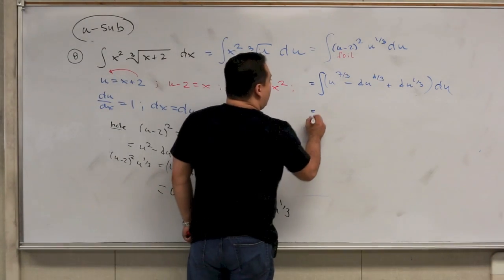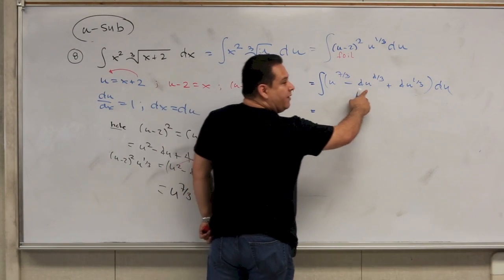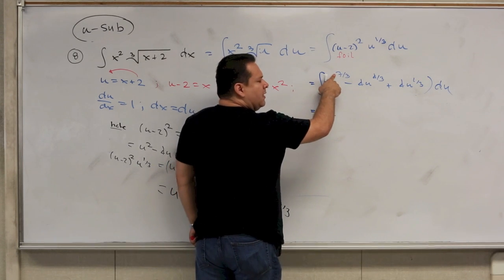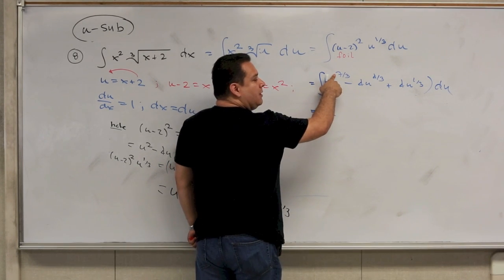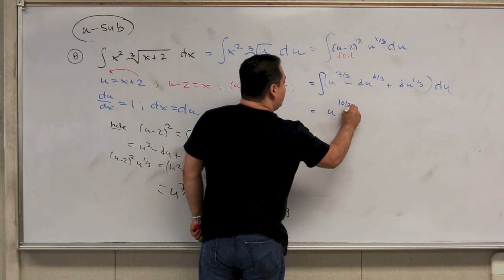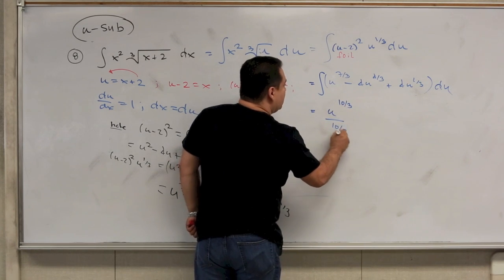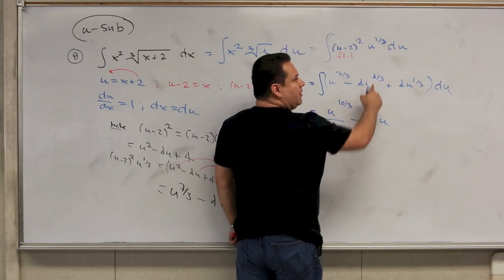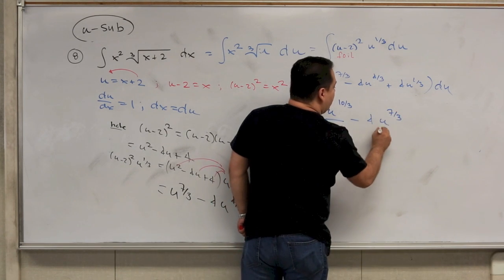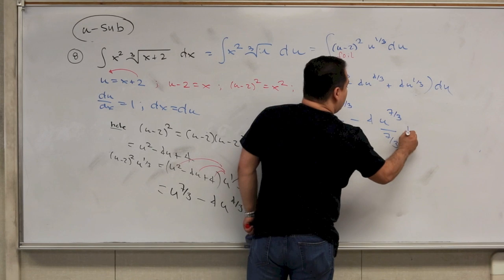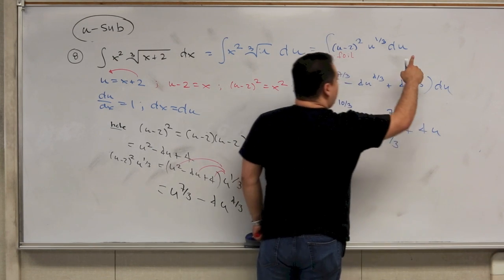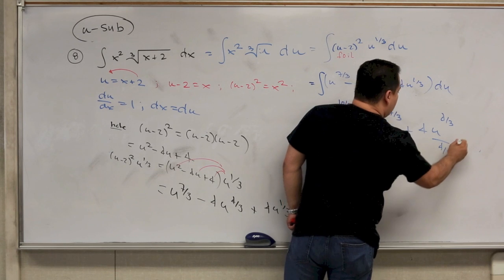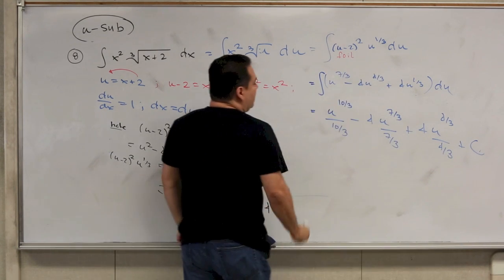Anyway, now let's find the antiderivative of each one of these by power rule. So this is u to the 7/3 plus 1. That's 10/3 over 10/3, minus 4u to the 4/3 plus 1, that's 7/3 over 7/3, plus 4u to the 4/3 over 4/3, plus my c.